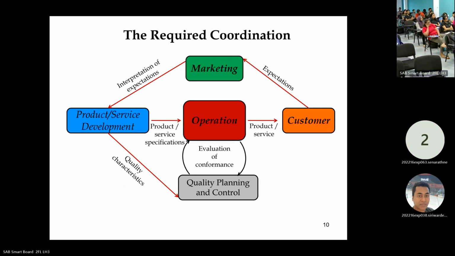Are they working together in marketing, designing, operations, control, and all? Although they are supposed to have this coordination, are they practically working? Some industries, yes. Some industries, no. Some organizations, yes. Some organizations, no. That affects their operations performance. Not only that, that affects their firm performance.